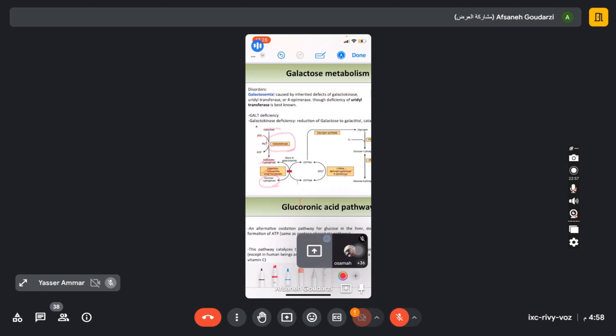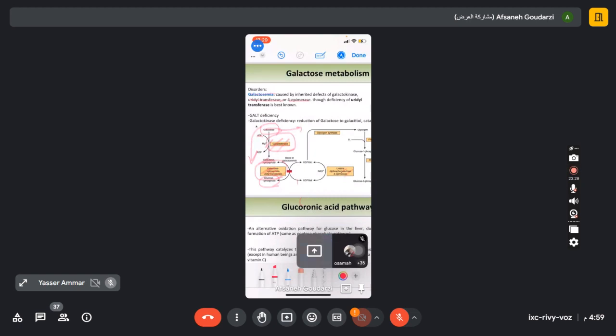Deficiency is also reported in the second enzyme, uridyl transferase, or in the 4 epimerase. Though deficiency of uridyl transferase is best known, I mean this one is best known. And if there is deficiency of galactokinase, we will have the reduction of galactose to galactitol, because galactose could not go through this direction.